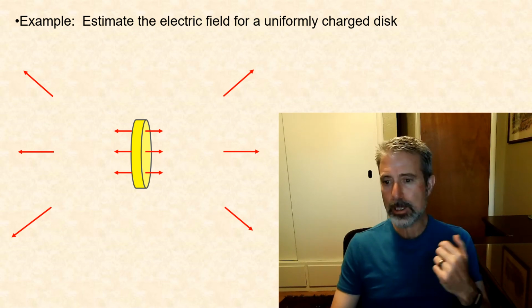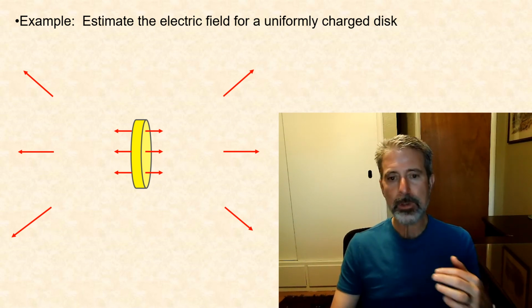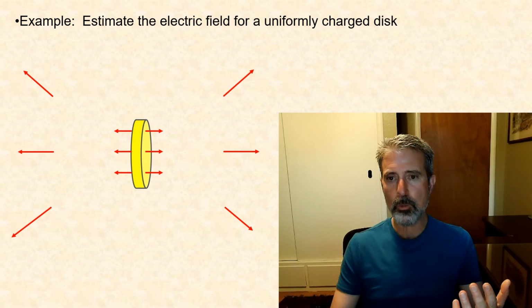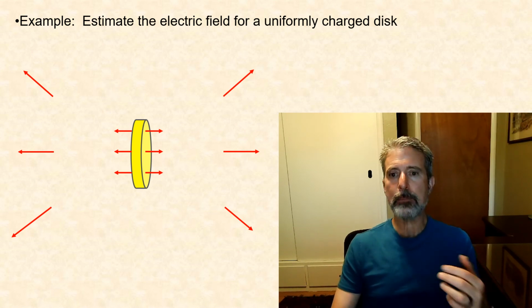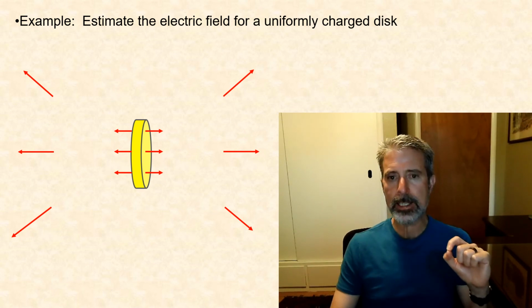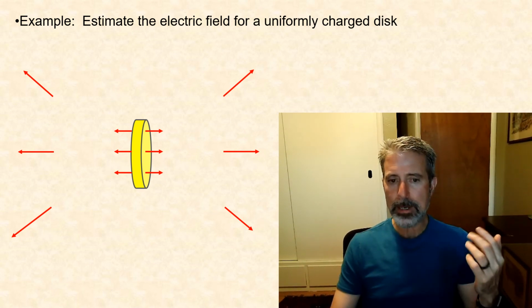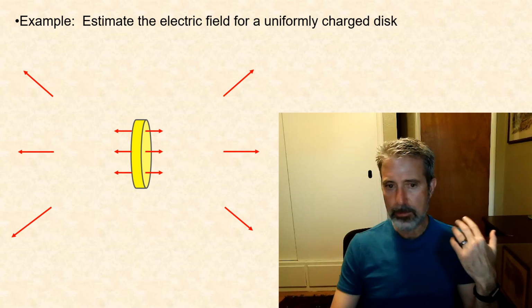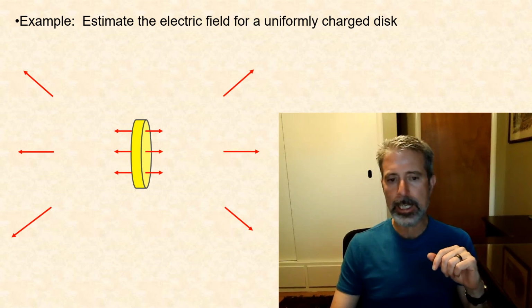Now, it turns out that for points in between, the shape of the field is much more complicated. But we know that the electric field is a continuous entity, and therefore it must connect continuously. It must smoothly connect.